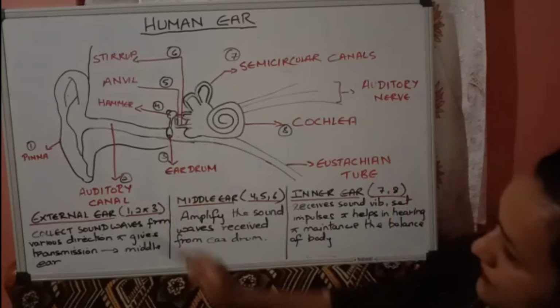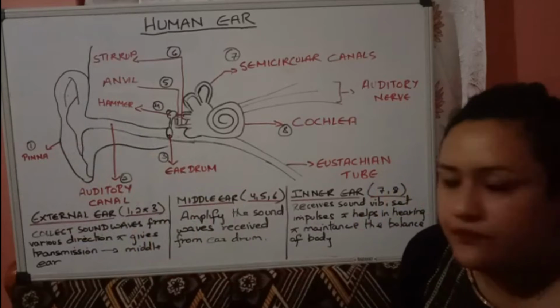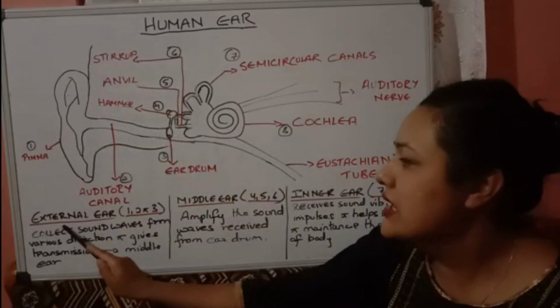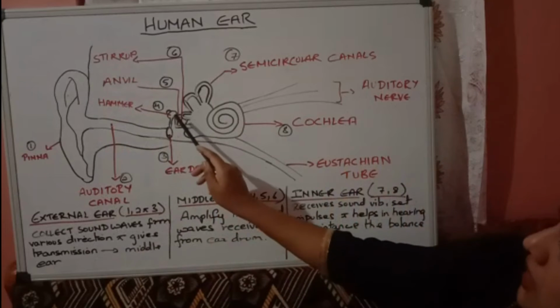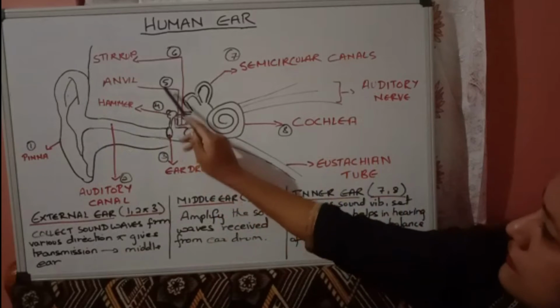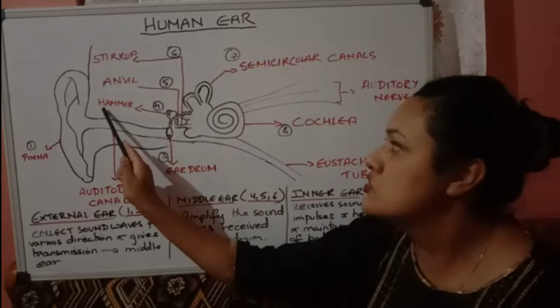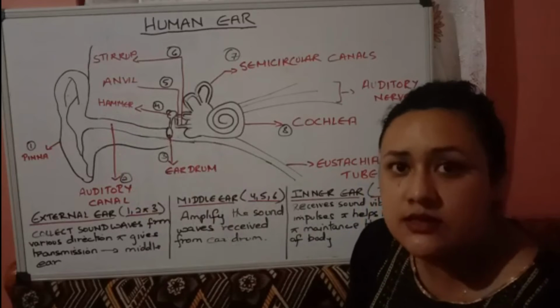So pinna, auditory canal, eardrum: from this portion to this portion, it is the external ear. Then you have seen the markings 4, 5 and 6 here. Number 4 is known as the hammer, also known as malleus.